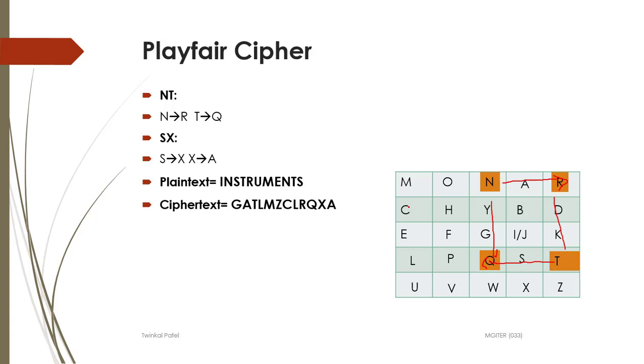Next is SX. So consider the S and X here. Both are in the same column. So they will be replaced by their bottom letter. So S is replaced with X and as we are going circularly from bottom to top, X is replaced with A. So SX is replaced with XA.